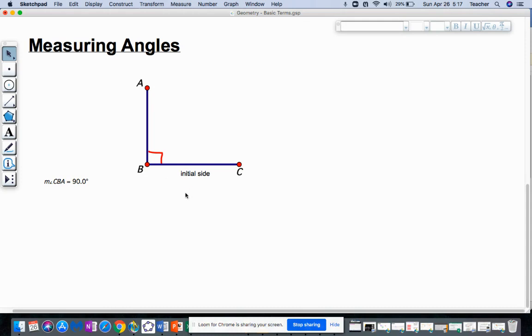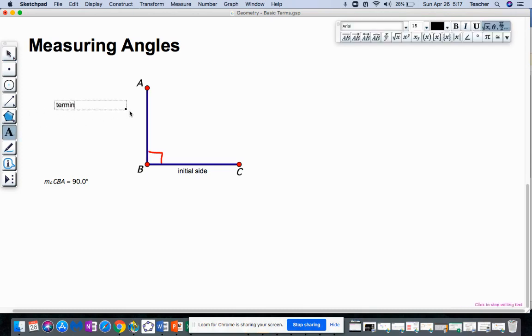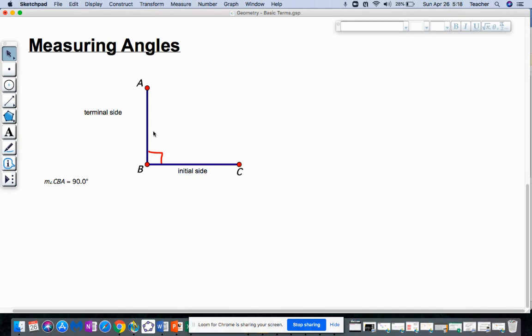When you get to measuring angles in a triangle and other figures, it may not always be on the bottom. You just need to find your initial side. And this is the initial side of this one, which makes this what they call the terminal side.